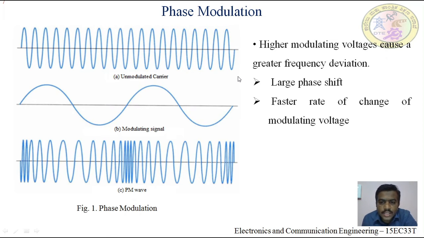This results in a greater frequency deviation in the phase modulated wave. Hence, because of the increase in the amplitude and the frequency of the modulating signal, we observe a greater frequency deviation in the phase modulated waveform.